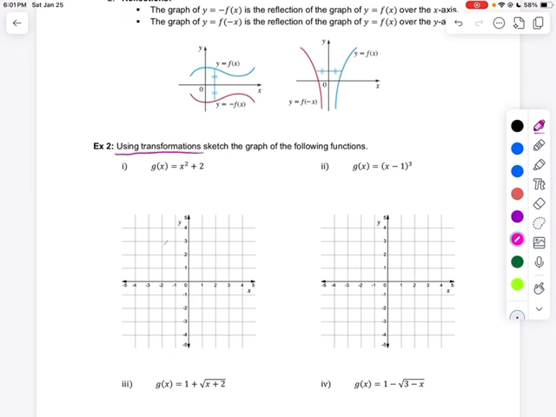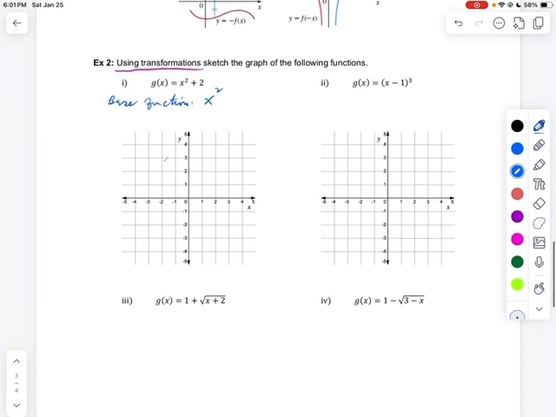So the first thing you have to figure out is what is the base function. So in part 1, the base function, I hope everyone can recognize, is x squared. That is our base function.